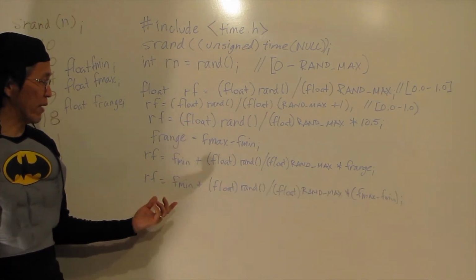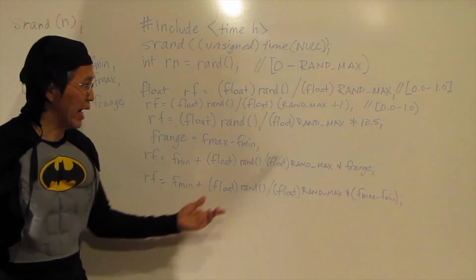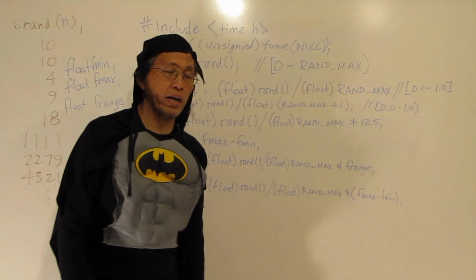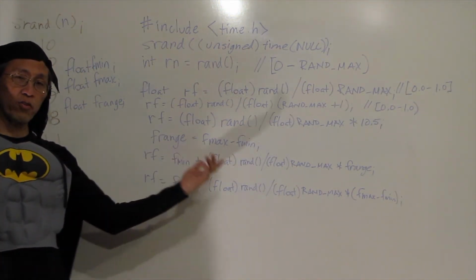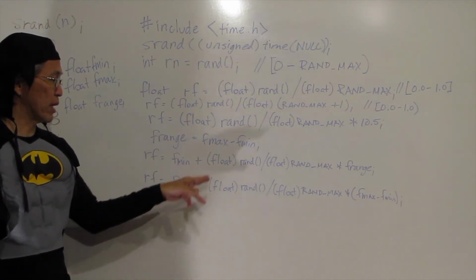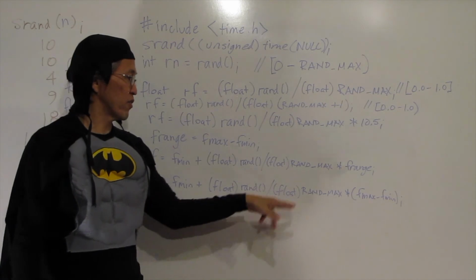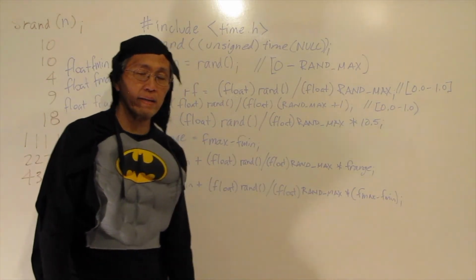Last thing we have is this same thing, but a little bit more generalized. I changed the f range into its component parts, and so we just want to do the general formula, which is rf is assigned the value f min plus float rand divided by float rand max times f max minus f min in parentheses.